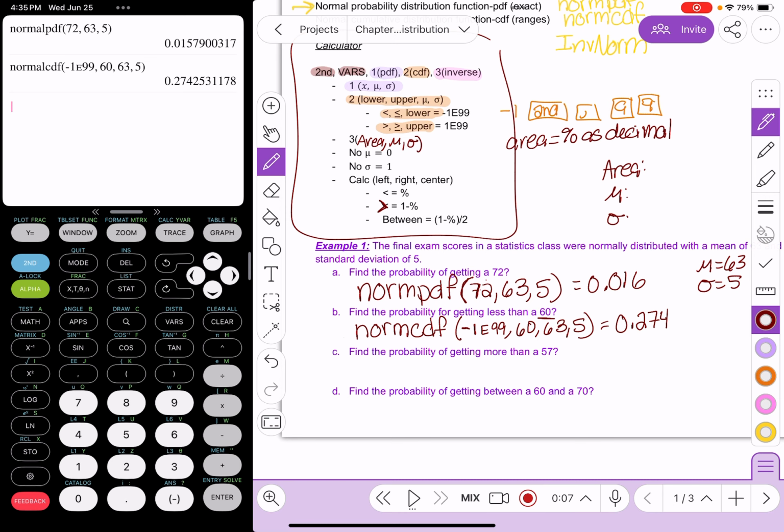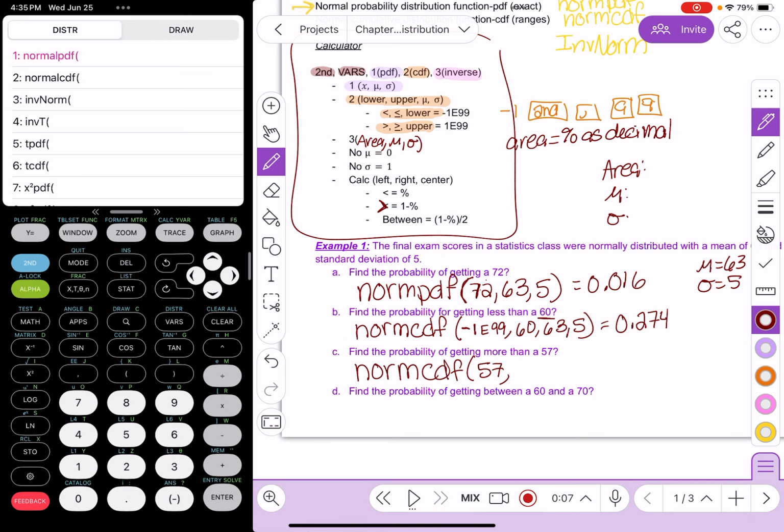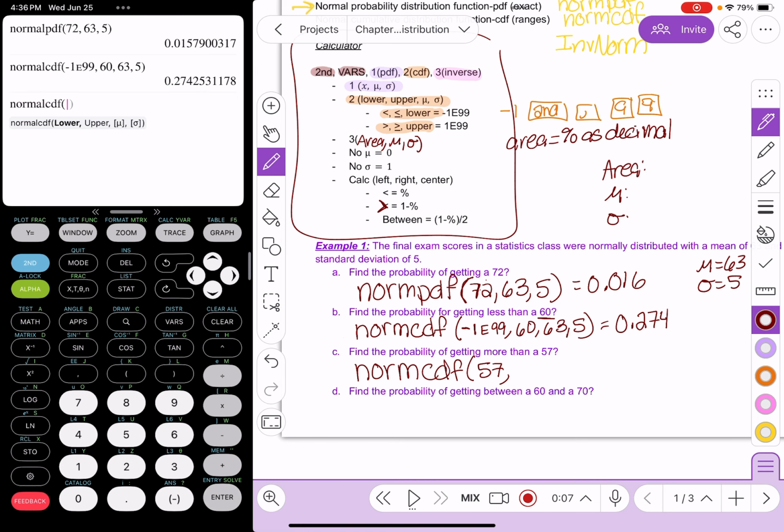Okay, so now if we look at getting more than, for both of us, we're still going norm CDF. But this time our lower limit is the 57 because we're going more than. So second vars 2. On the calculator and maybe the computer, it might save the stuff from before.